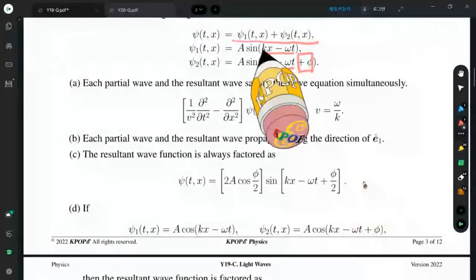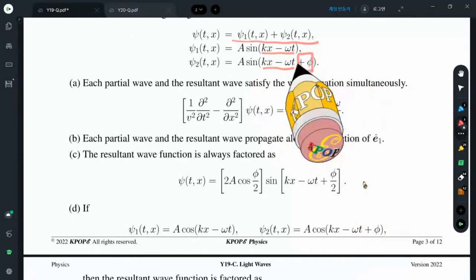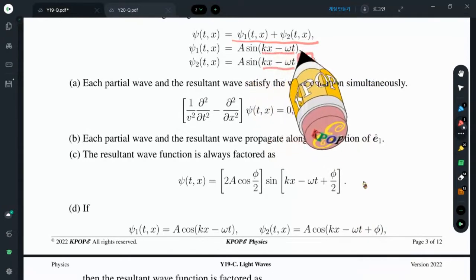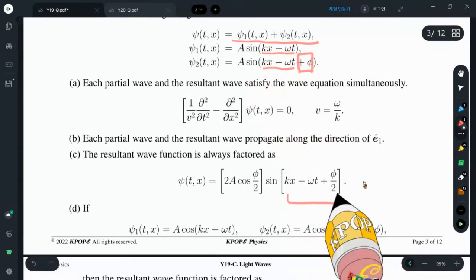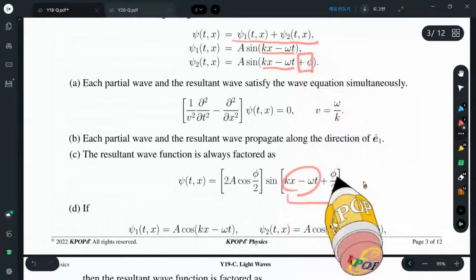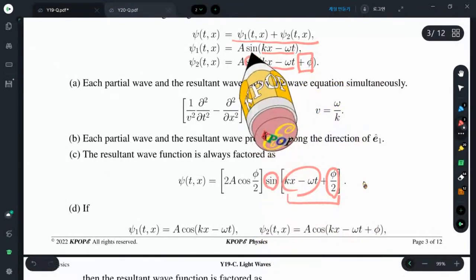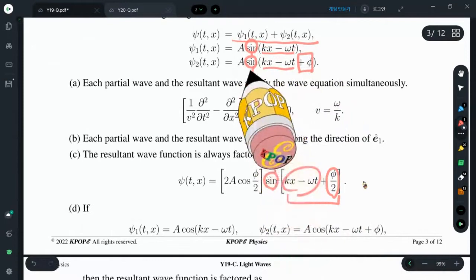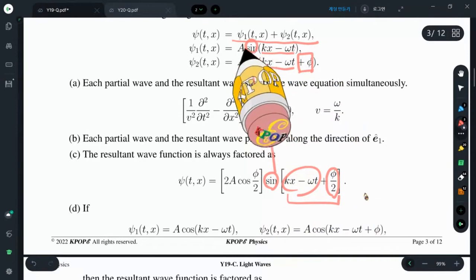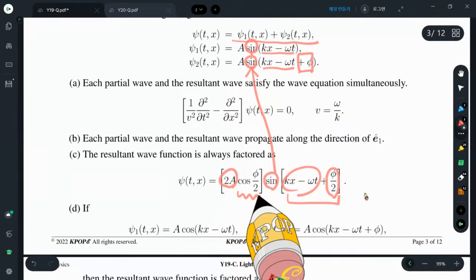The sum of two sines, with phase difference phi, gives the average of the two phases, that is, k x minus omega t plus one half of the phase difference, and the overall factor is 2 times cosine of half of phi.